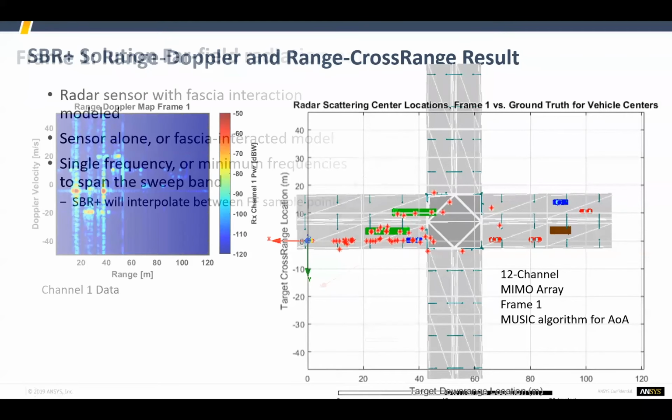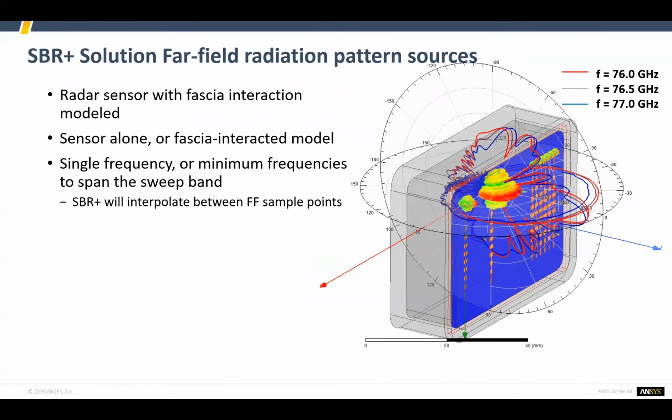So a little bit more detail on our SBR solution, because this is really the highlight of it all. What we do is we model the radar sensor in HFSS, the finite element solver.